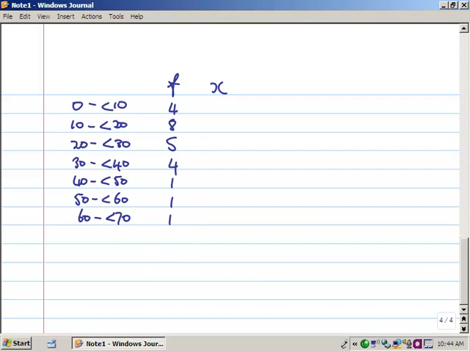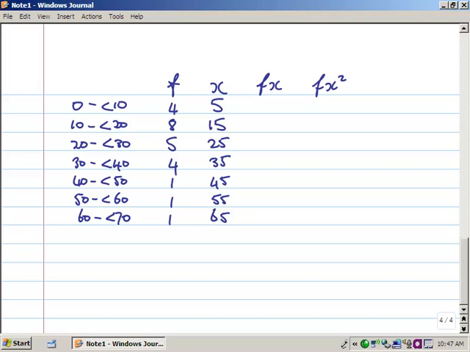The X's will be the midpoints for our limits. So from 0 to 10, midpoint is 5. From 10 to 20 is 15, etc. To do our calculations for the average, we need a column for fx, and then to do a calculation for the variance, we need an fx squared.